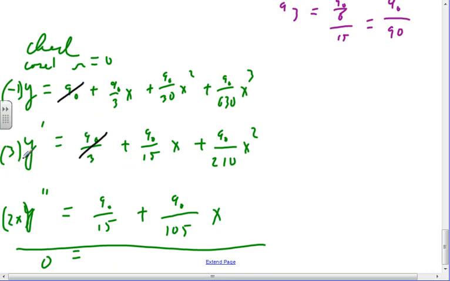Okay, now I do it again, I look at the x term, and I've got minus 1/3, and I've got plus 3/15, 5/15, plus 5/15. So that term goes away. And then I look at the x squared term, and I got minus 1/30.